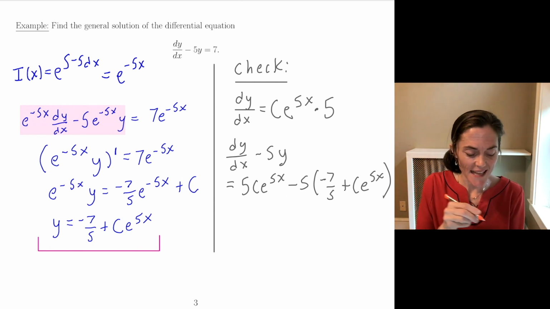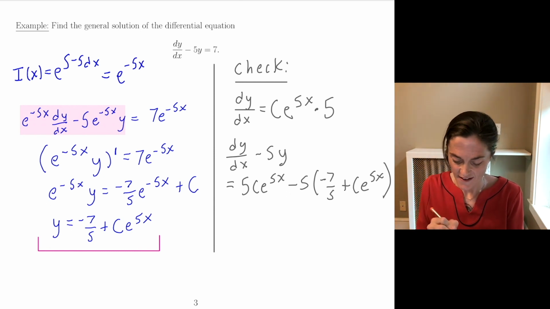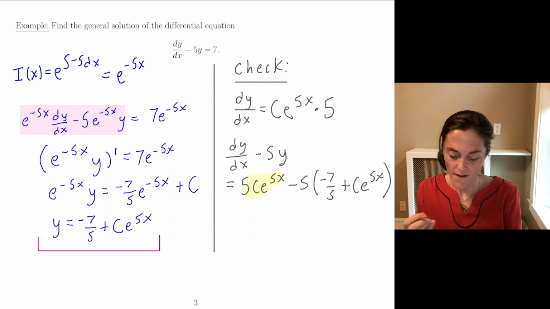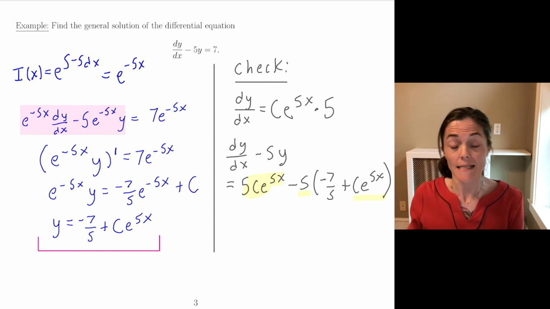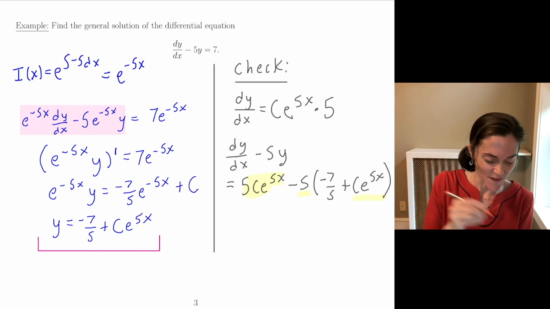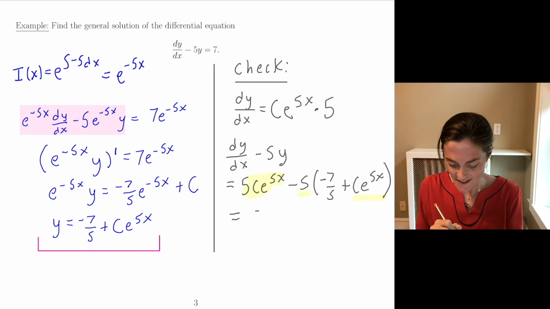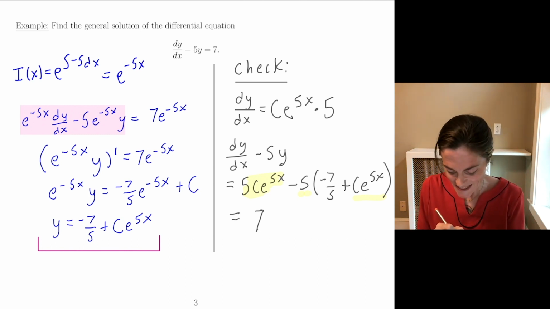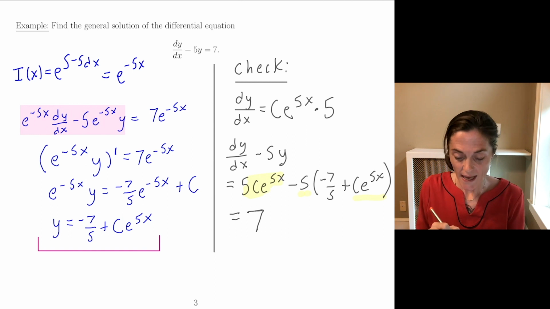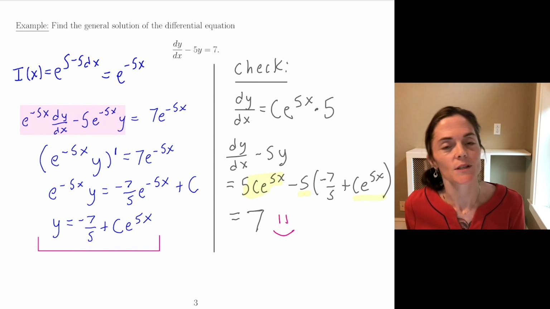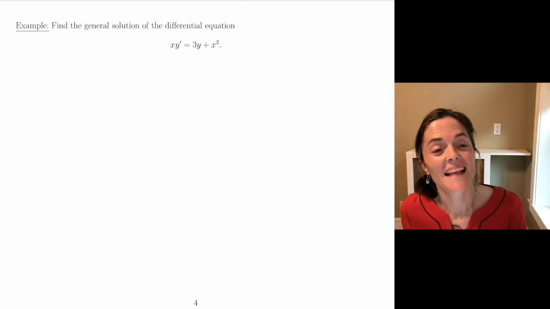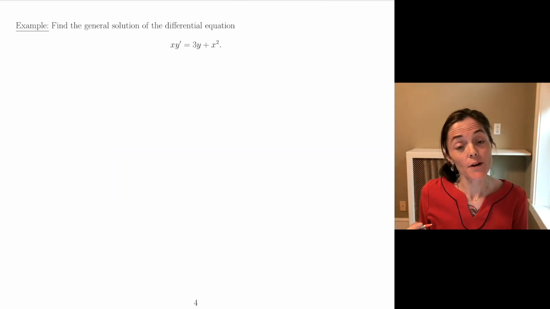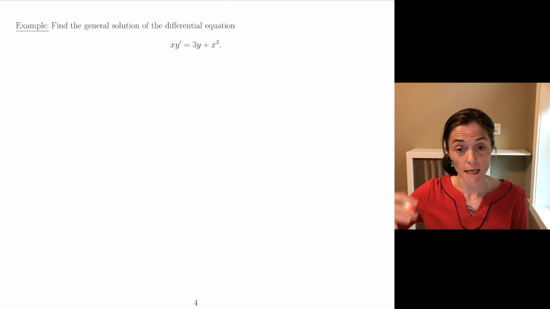Well, you notice that we have 5c e to the 5x minus 5c e to the 5x. And then we have minus 7/5 times minus 5, which is 7. Okay, but this is actually a nice activity. We have verified that the solution we found works. Nice sanity check here.